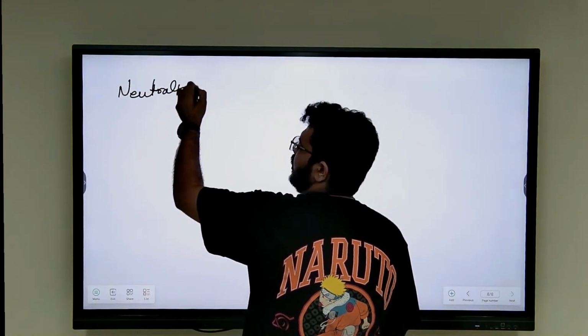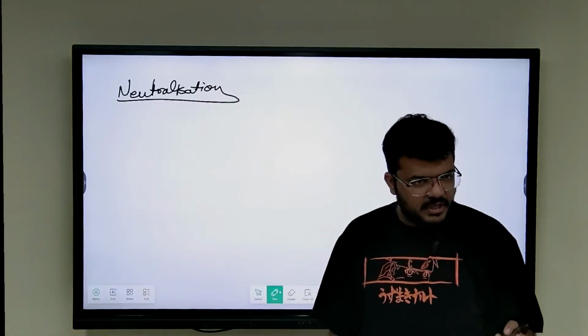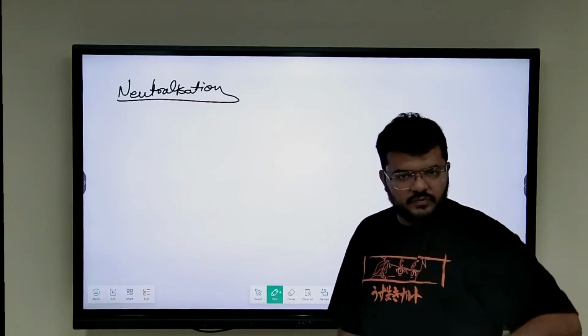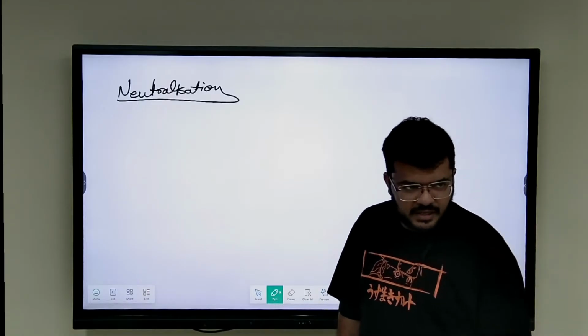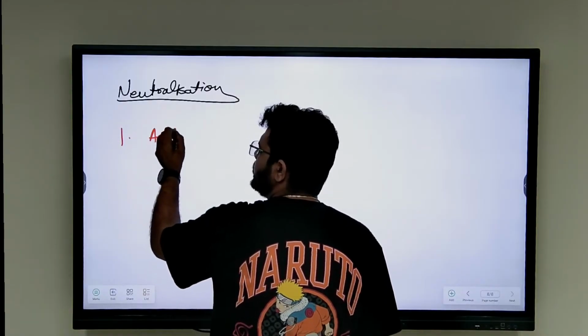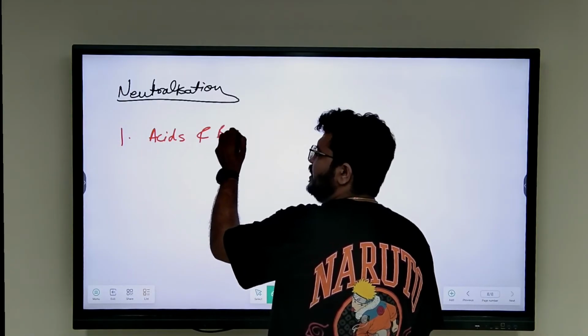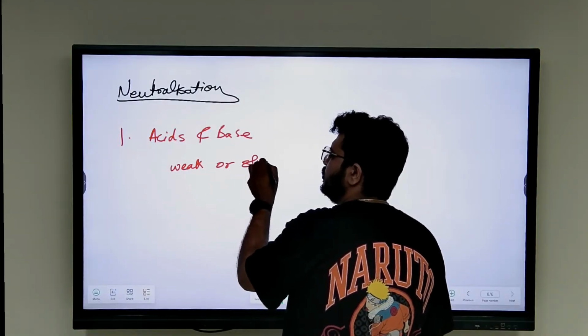Right? According to me, those graphs are very easy. There are very few things that you have to consider, and you have to remember the rest of the graph. But let's go through what you have to consider and how you understand it. Okay? The first thing is identify acids and base. है ना? Identify मतलब is it weak or strong? Right?